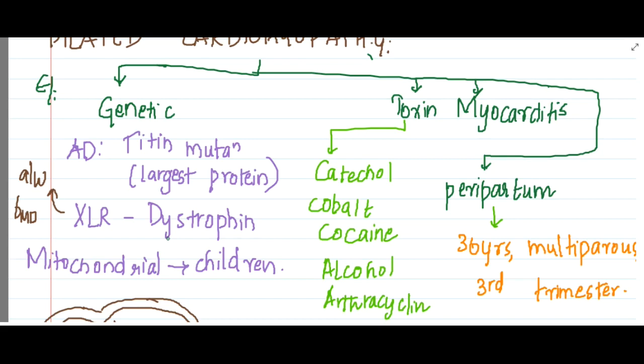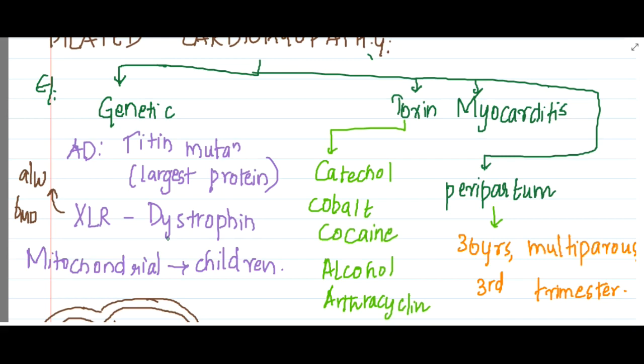In some families there are deletions of mitochondrial genes, which affect oxidative phosphorylation, and mutations of enzymes involved in beta oxidation of fatty acids.